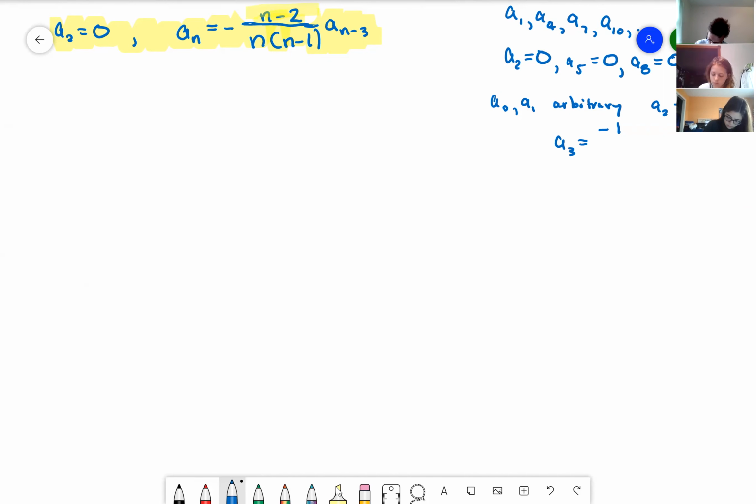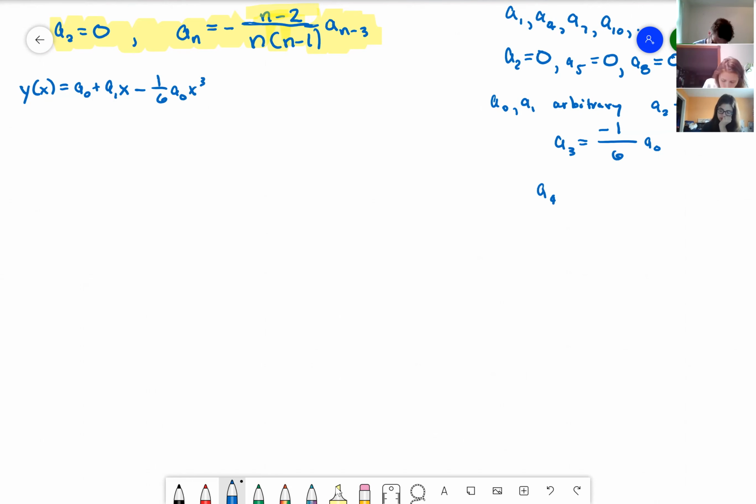So it's negative 1 over 6 a0, which is what we had before. So let's start writing this out. We get y of x is equal to a0 plus a1 x, no x squared term, and we get minus 1/6 a0 x cubed.